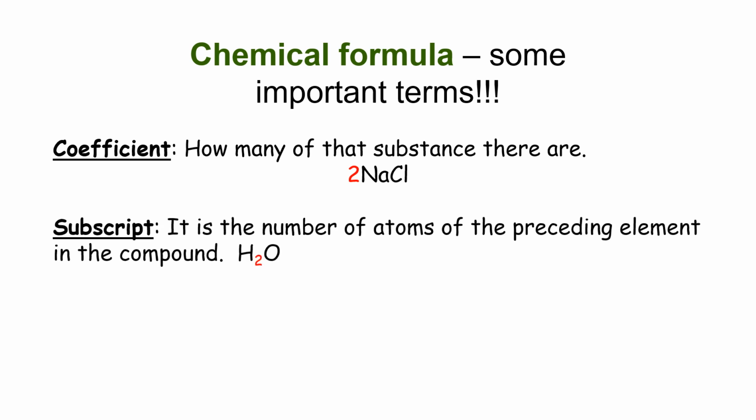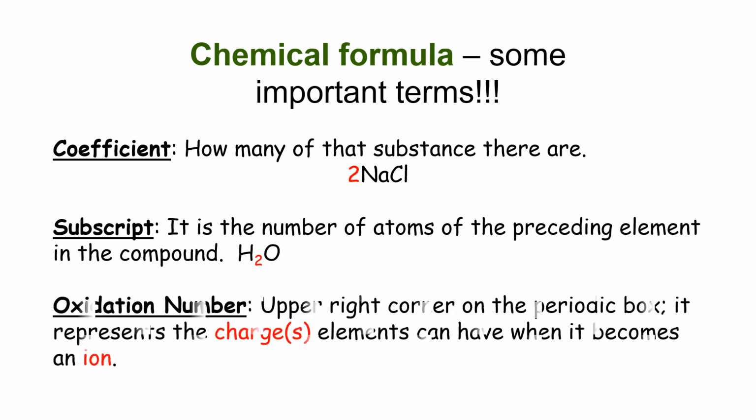And then we have a subscript, which is that small number at the bottom with the symbol of each element, and that just tells us how many atoms of that element we have in a compound. So in this case, we are looking at H2O, which is water. So this formula is telling us that hydrogen has a subscript of 2, so that means we have 2 atoms of hydrogen, and oxygen doesn't have any subscript, so that means we have 1 atom of oxygen in a compound of water.